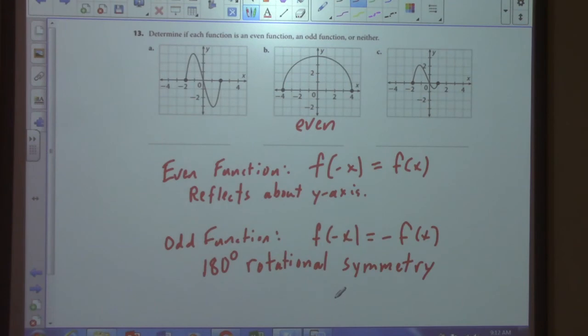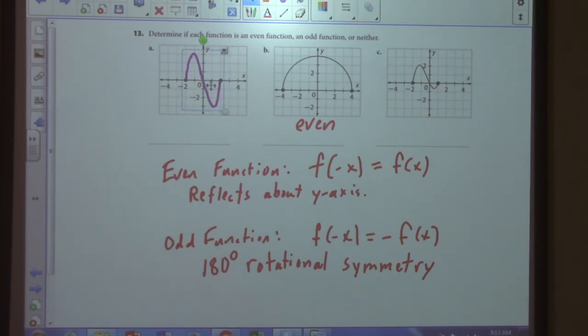Do you see anything that has 180-degree rotational symmetry here? A, right? So I'm going to go ahead and use the miracle of smart tools on here. I trace this out. Okay, let's see what happens here.